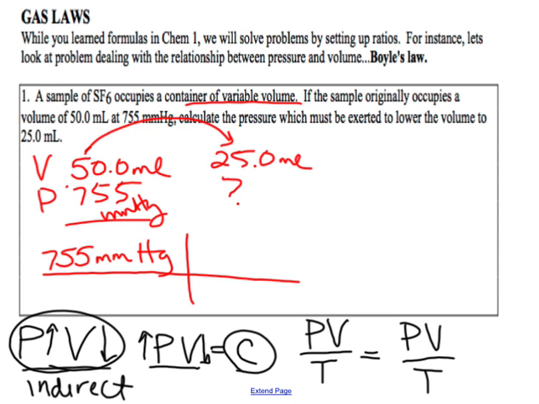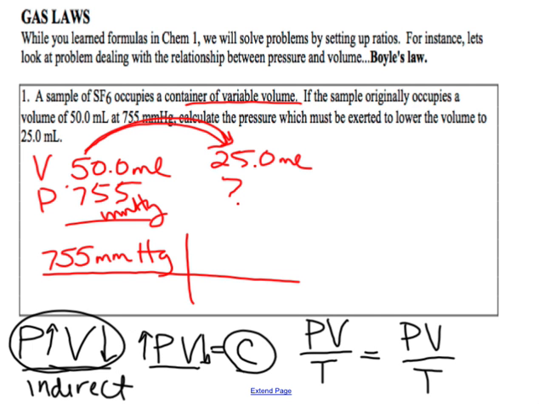Going from our start conditions to our final conditions, what happened to volume? It decreased. Okay, I know you say half, but we're going to let the math tell us that. Right now, I just want to know the relationship. So if our volume decreases, what had to happen to pressure? Pressure had to increase.